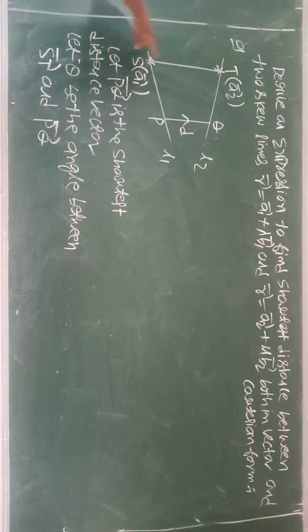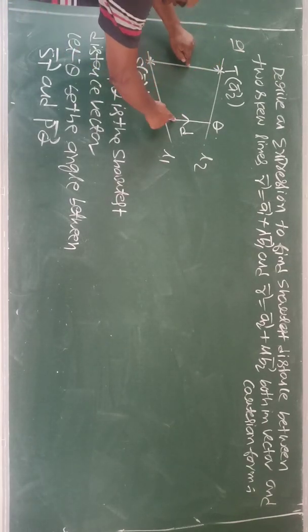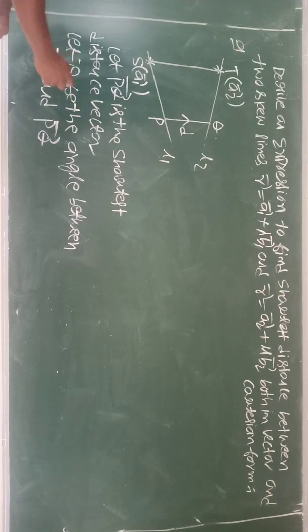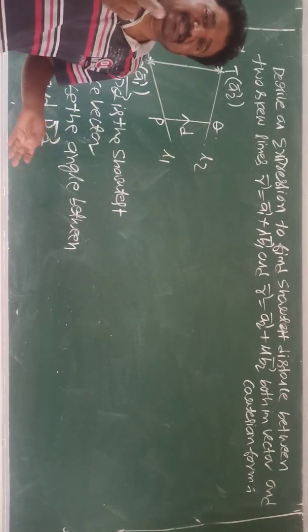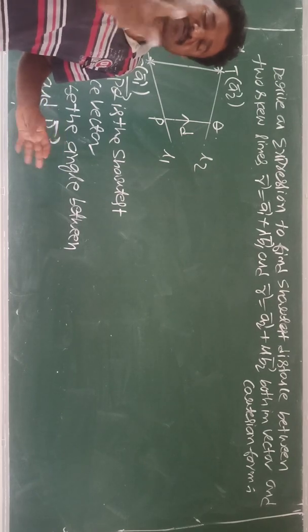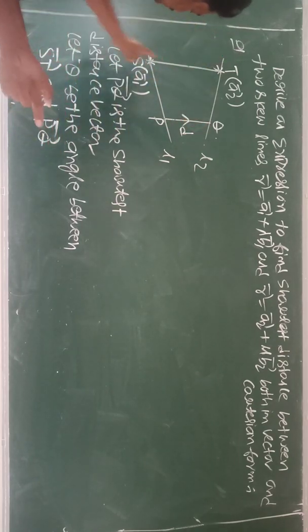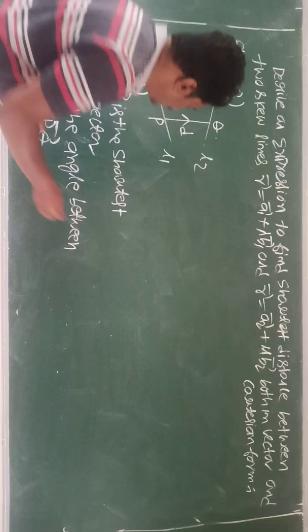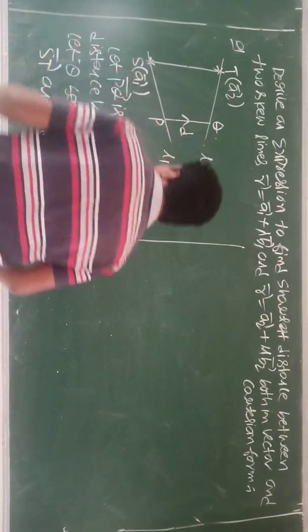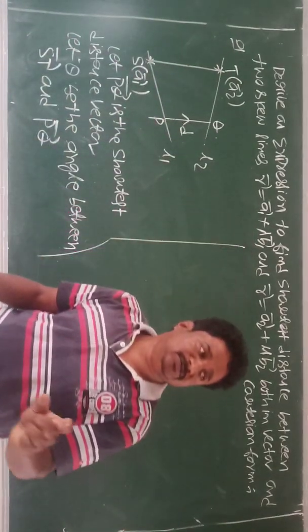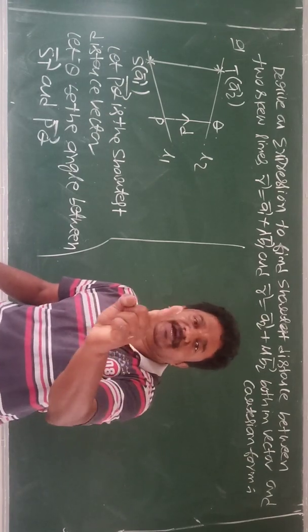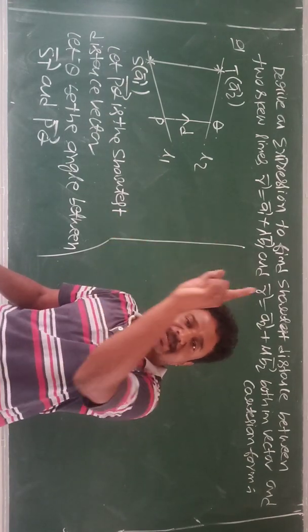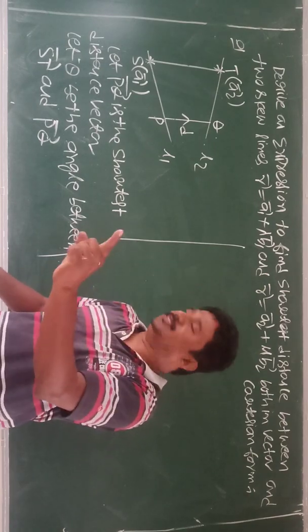You take the angle between these two vectors as theta, whatever it is. Now you apply the cos theta formula. What is cos theta between two vectors? That is vector A dot vector B by length of vector A into length of vector B.